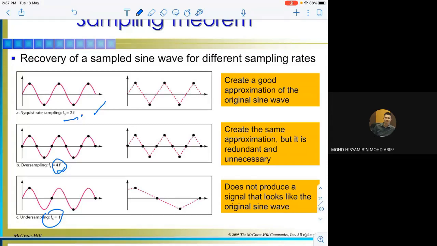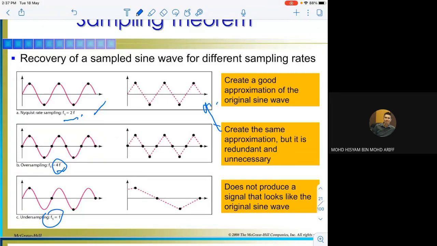You can read by yourself. At the Nyquist rate Fs equals 2Fm, it creates a good approximation of the original sine wave. Oversampling creates the same approximation, but this is redundant and unnecessary.